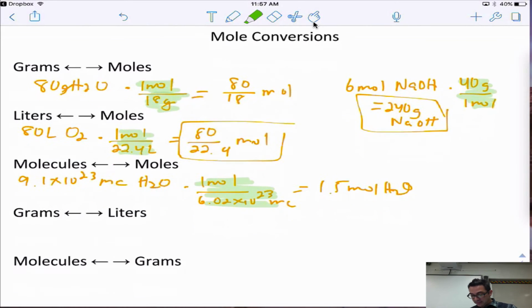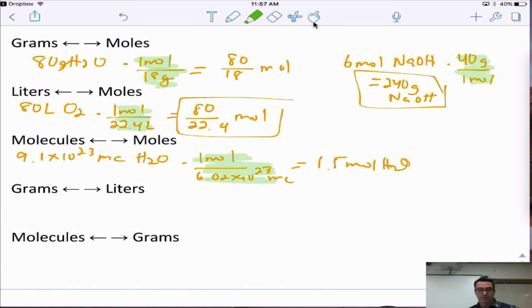And then I could do these down here where I have multiple conversions. So I could have something like, let's say, 72 grams of water vapor. And I could ask you how many liters. Well, I can't go directly from grams to liters. There's no conversion factor to do that. So I need to do 2 conversions. 72 grams of H2O times 1 mole over 18 grams.